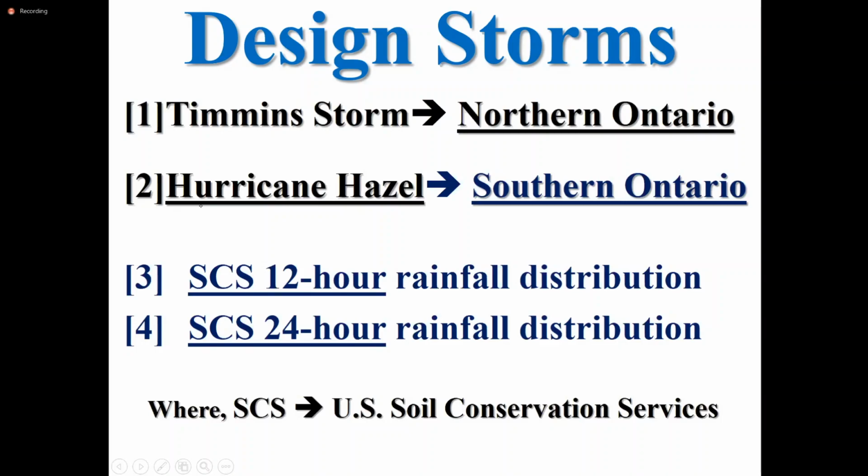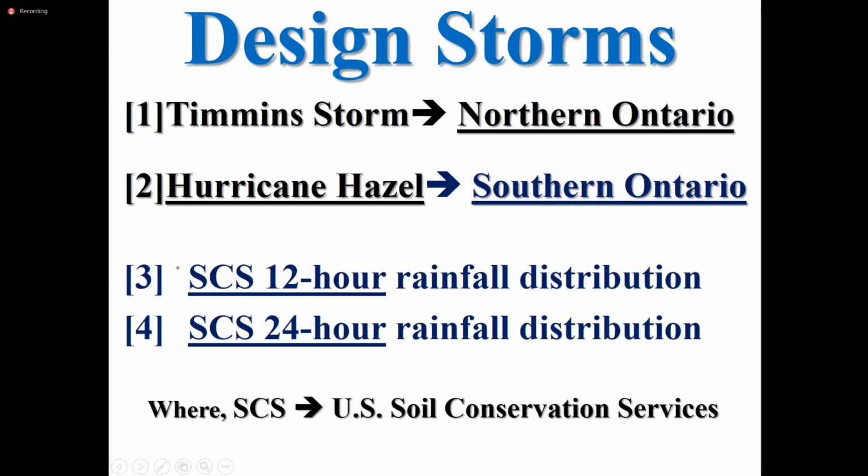If you are designing something in southern Ontario, then you are bound by law to use Hurricane Hazel. Hurricane Hazel is the worst hurricane rainstorm that happened in southern Ontario. Important structures like bridges and major culverts have to be designed for that storm and whatever peak flow you get.